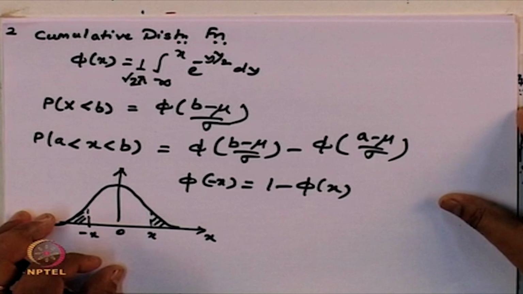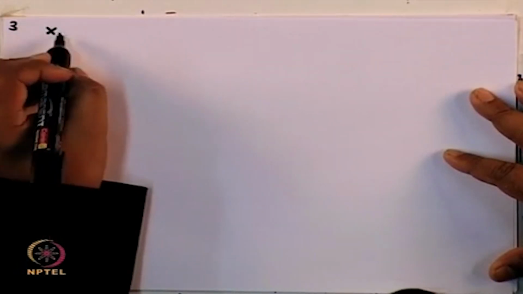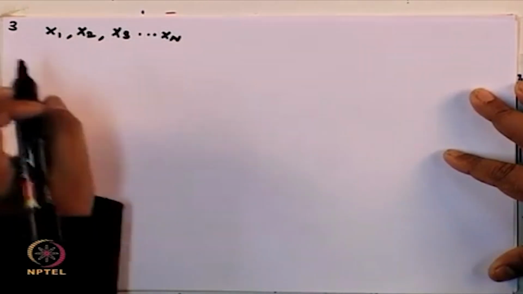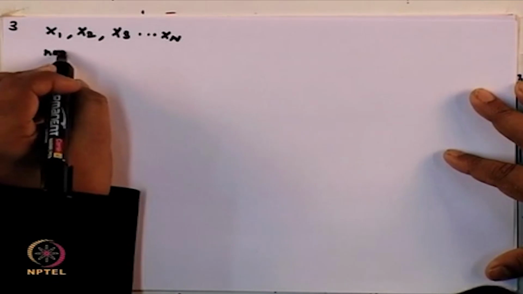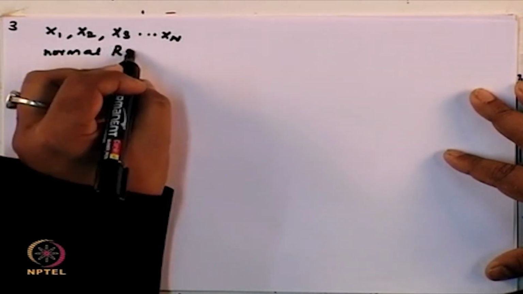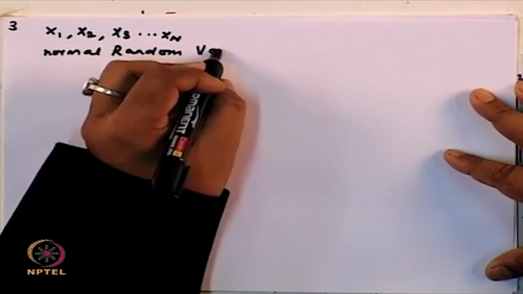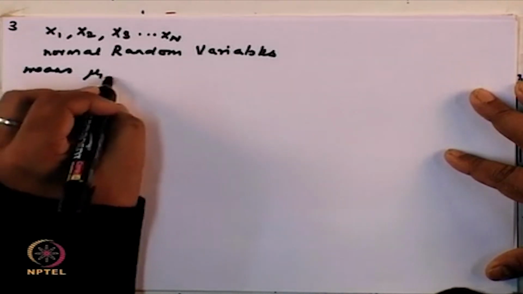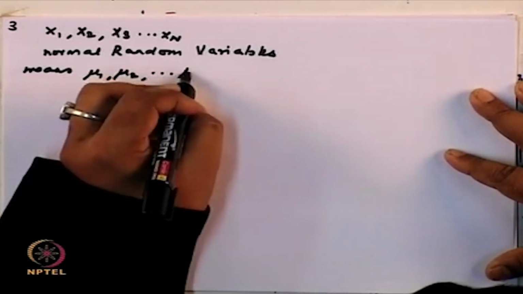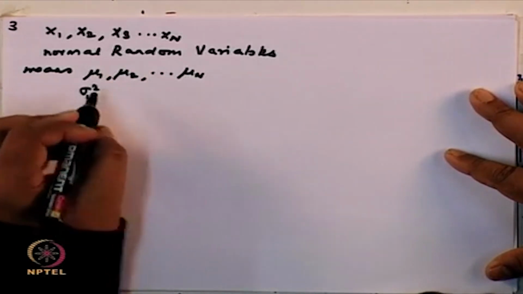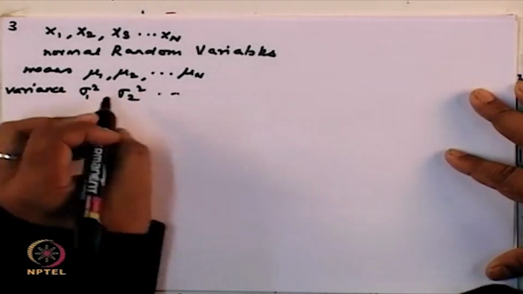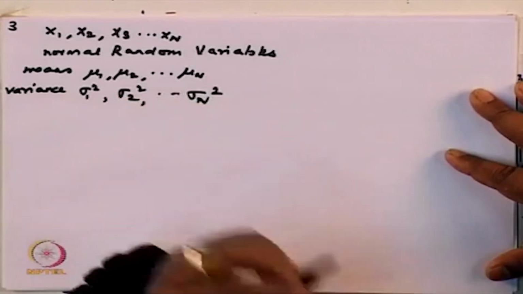Now, there is another interesting idea. If you have random variables x1, x2, x3, up to xn, which are all normal random variables with means mu1, mu2, up to mu n and variances sigma 1 square, sigma 2 square, up to sigma n square.